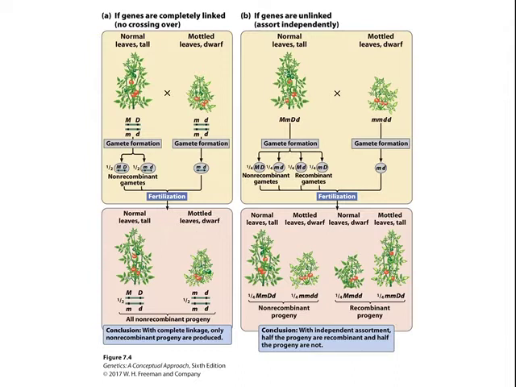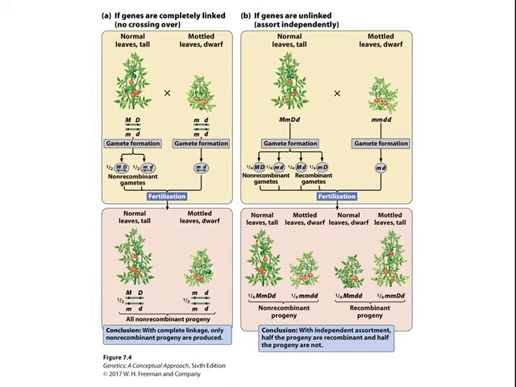These progeny display the original combination of traits present in the parental generation and are non-recombinant, or parental progeny. No new combinations of the two traits, such as normal leaves with dwarf height or mottled leaves with tall height, appear in the offspring because the genes affecting the two traits are completely linked and are inherited together.